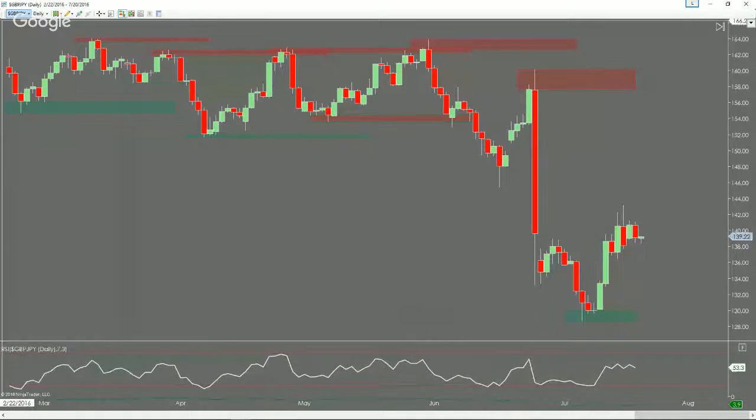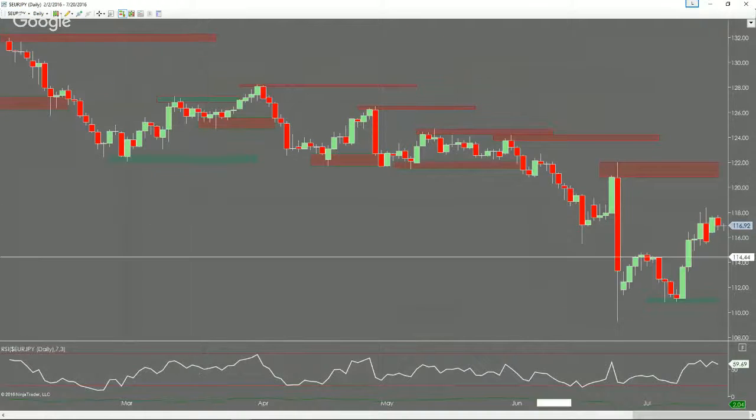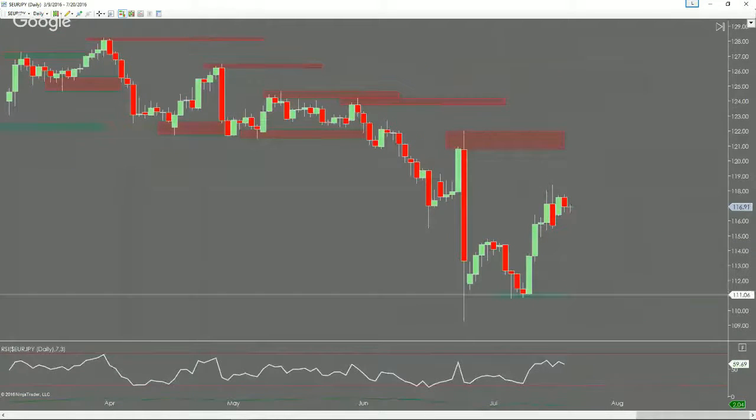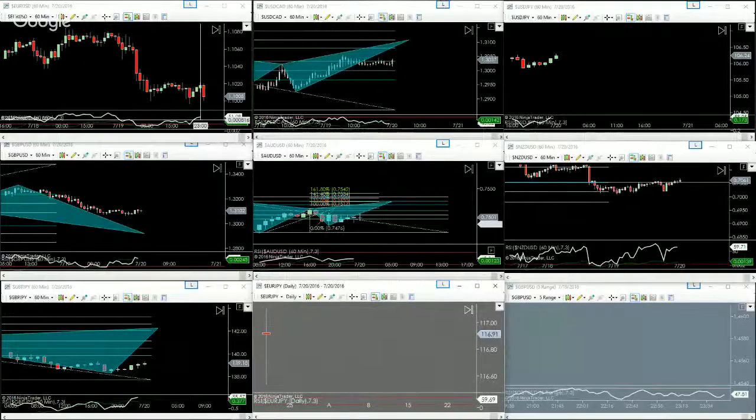So last but not least is the Euro Yen. Euro Yen, see this double bottom right here, also same thing as the dollar yen.